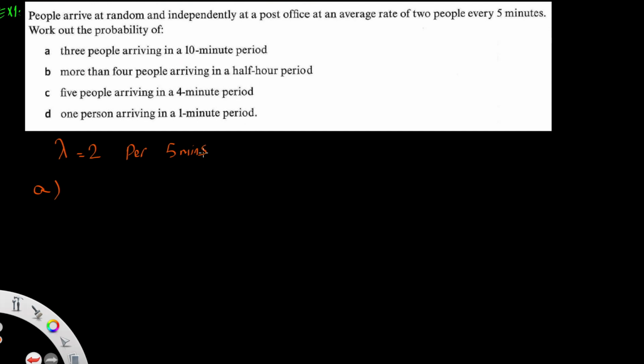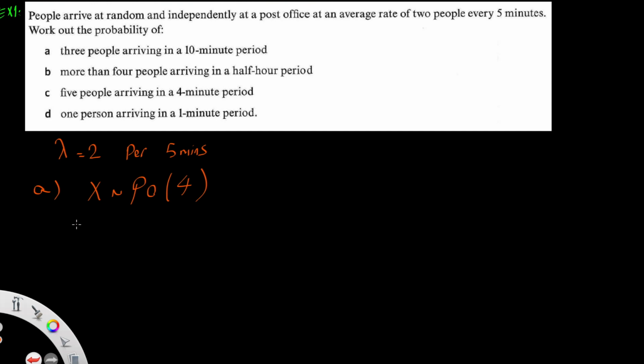So it was 5 minutes. So the new lambda will be twice because the duration, the interval, has become twice. So lambda will be twice as well. So x will have a Poisson distribution with 4 as the lambda, because it is twice the initial one, which is defined for 5 minutes.